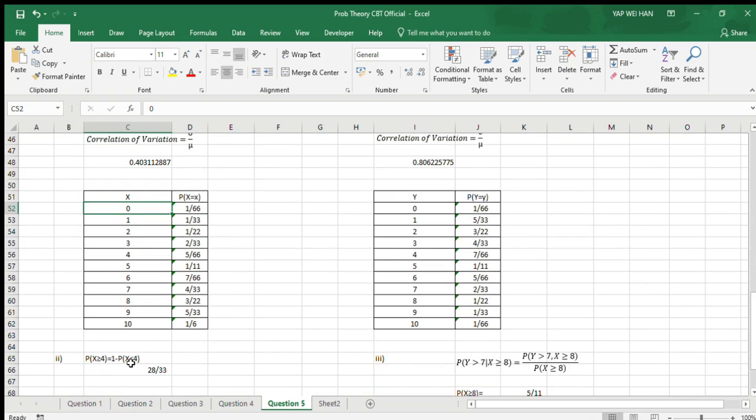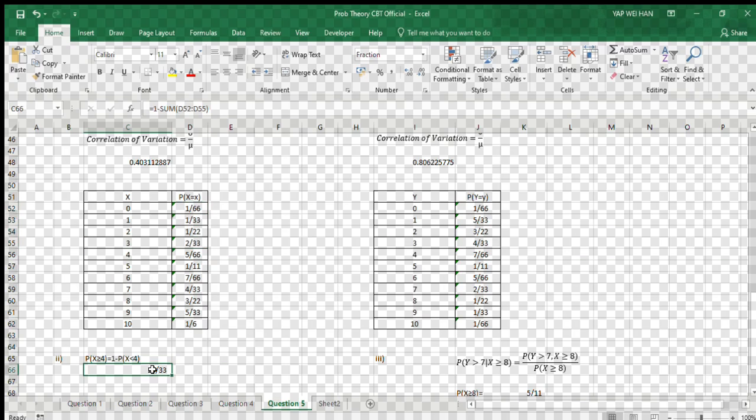So the probability of X smaller than 4 is the probability of X equals 0, X equals 1, X equals 2, X equals 3, but the probability of 4 is not included because it's smaller than, sorry, smaller than 4. Alright, so we just take 1 minus the sum of all of this, and you will get 28.33.